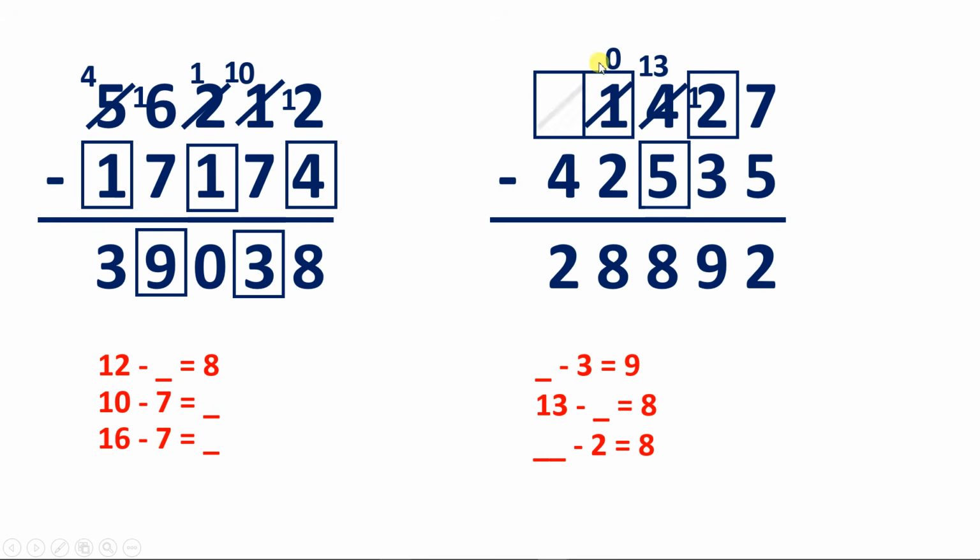And the 10 was made by exchanging with the next place value column along, which we don't know yet. Now we have something minus 4 equals 2. Now 6 minus 4 is 2, but because we exchanged, our original number must have been a 7.